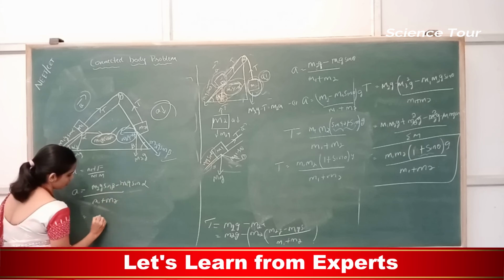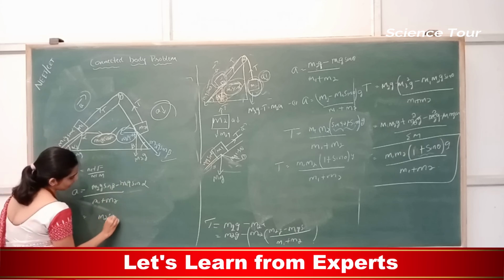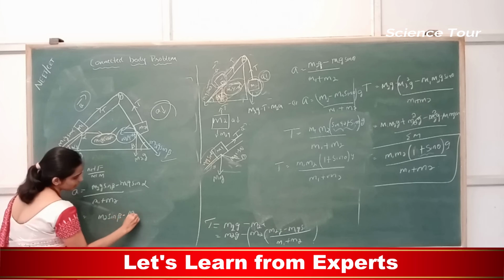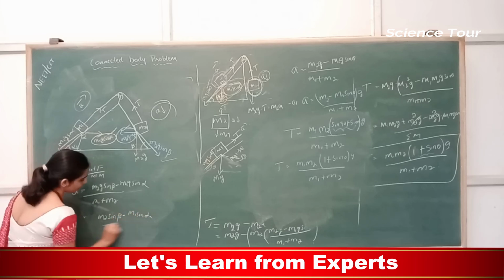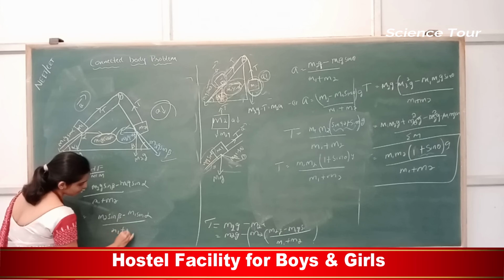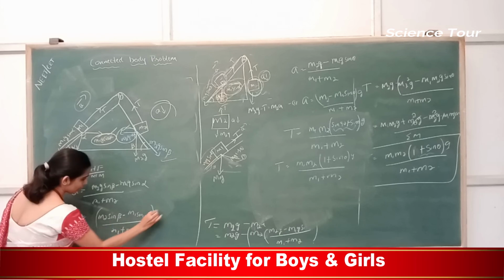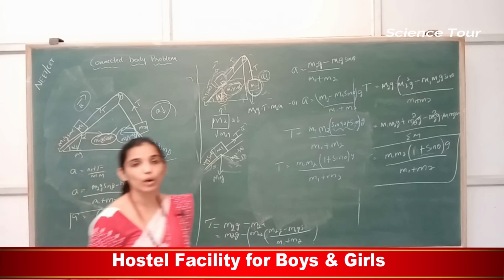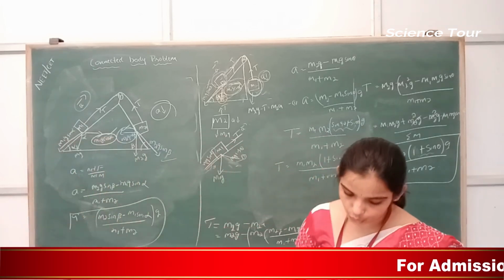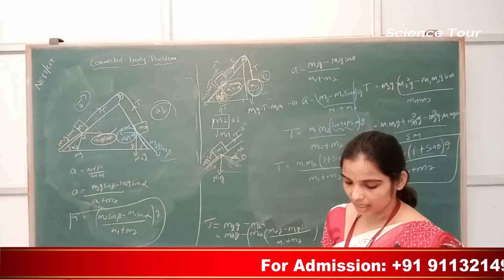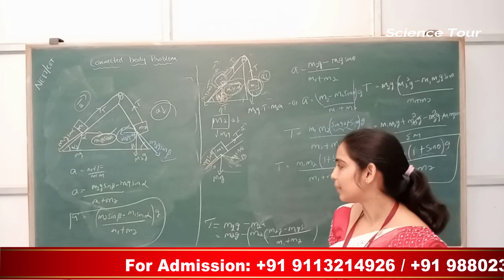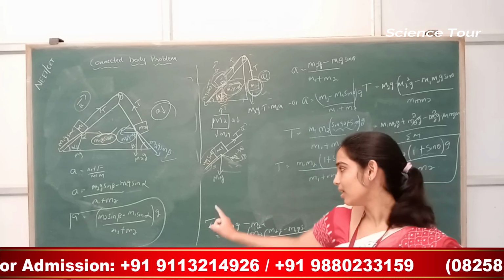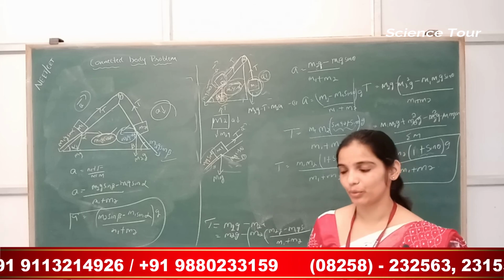So m2 sin beta minus m1 sin alpha by m1 plus m2, into g, is nothing but the acceleration of this system. If you go with the free body diagram also, you should get the same answer, students. m2 sin beta minus m1 sin alpha into g divided by m1 plus m2.